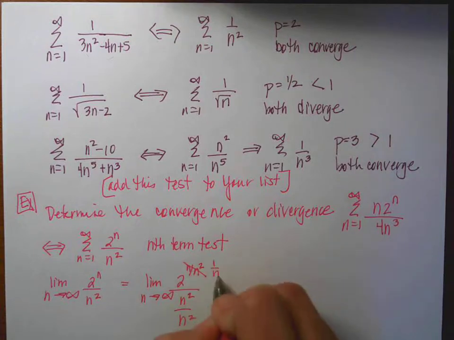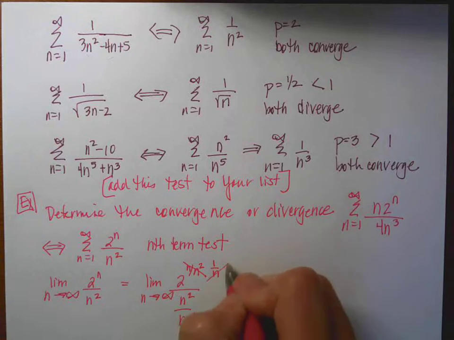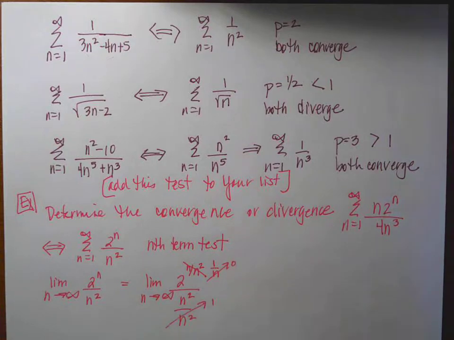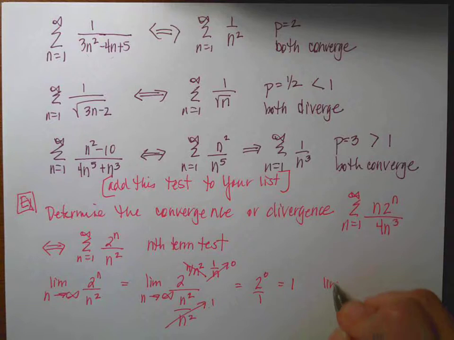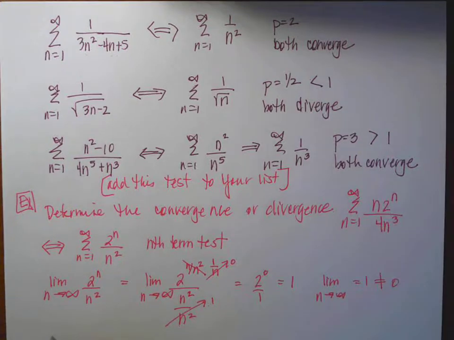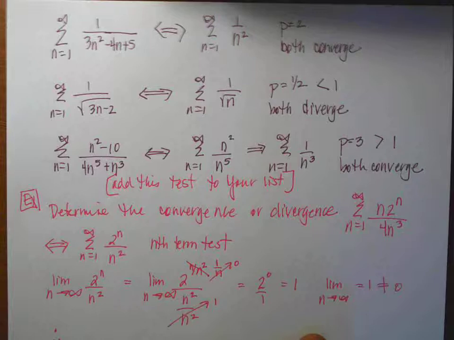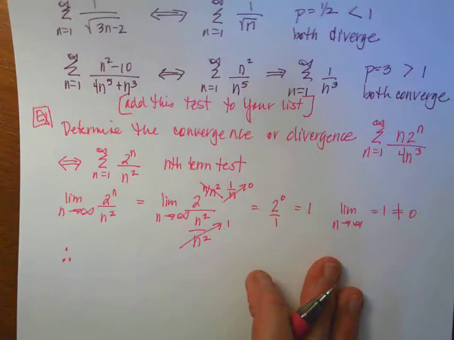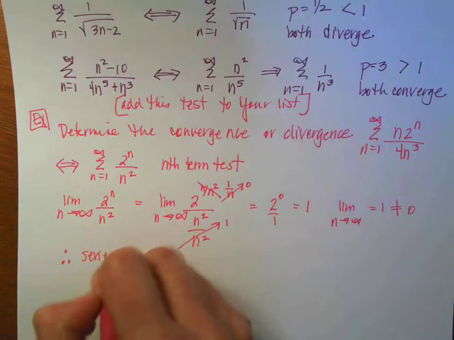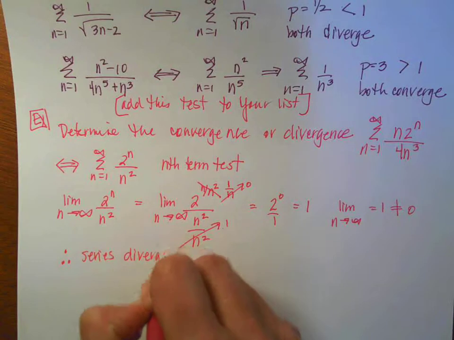This is going to be 1 over n, and as the limit goes to infinity, this guy's going to go to 0, this guy goes to 1. That's pretty messy. And I get 2 to the 0 over 1, which is 1. Because this was the nth term test, we got that our limit as n approached infinity equals 1, which doesn't equal 0. Therefore, I love the symbol for therefore, except you can't see the symbol. Therefore, we're going to say that the series diverges.